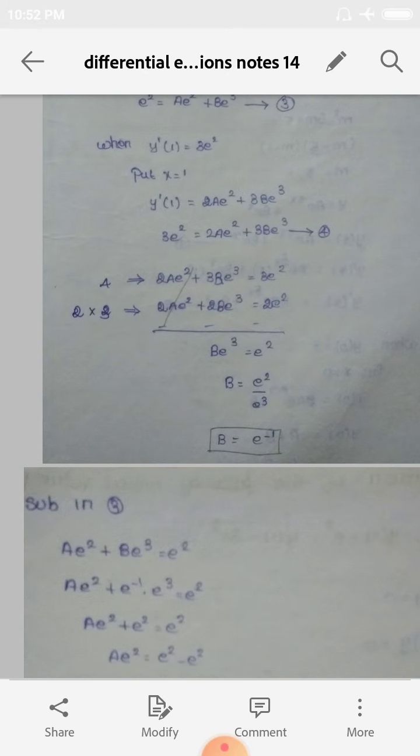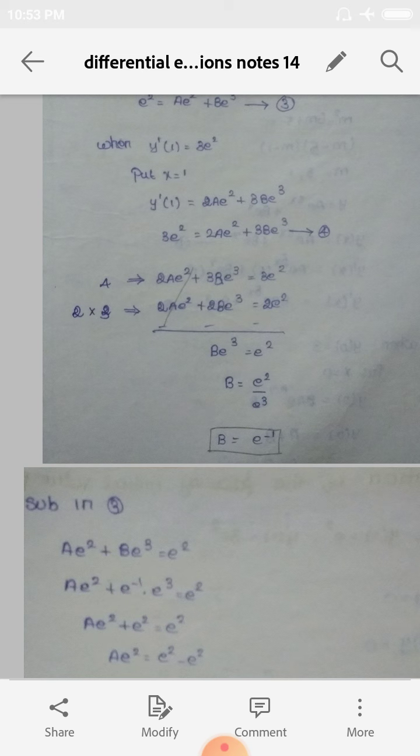Now changing the signs, the terms 2a e power 2 minus 2a e power 2 get cancelled. So we get 3b minus 2b, which is b into e power 3, minus 3 e power 2 minus 2 e power 2 is equal to e power 2.